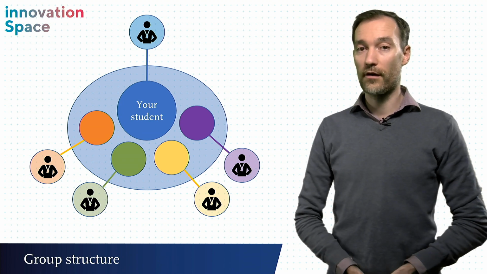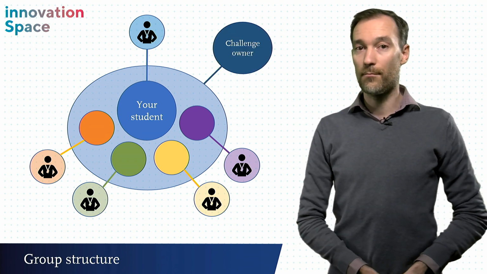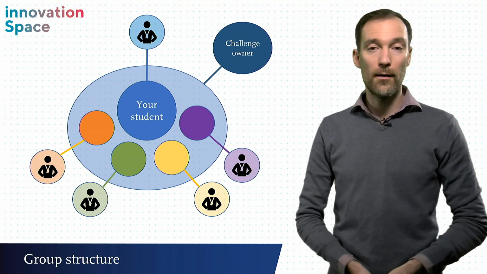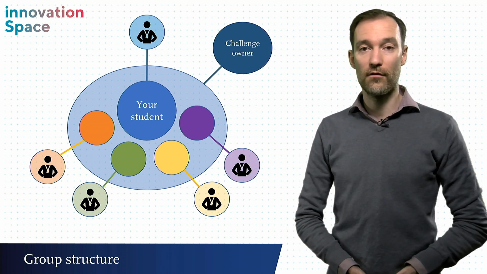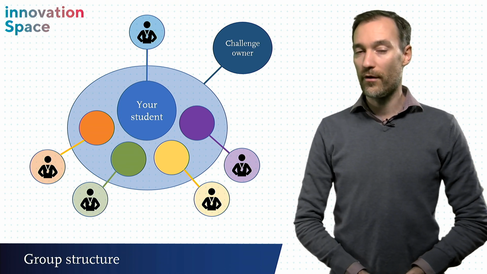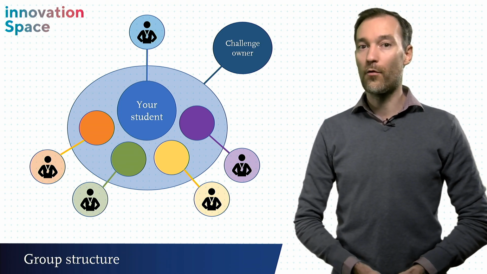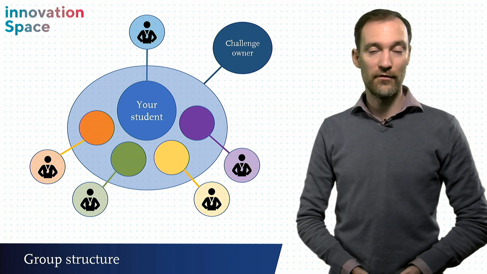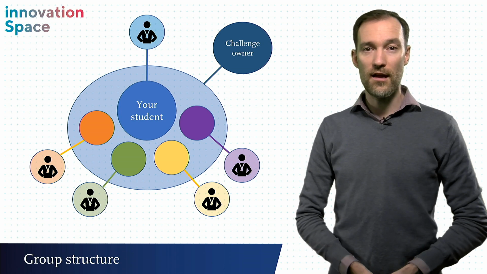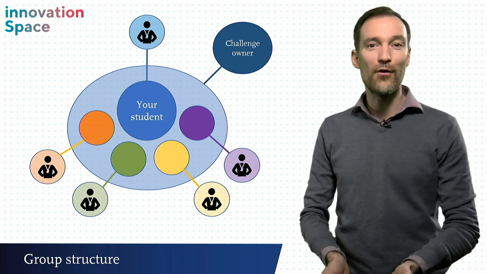Now students are working on a project that is brought in by what we call a challenge owner. This can be an external party, a company, an organization, or an internal research group that asks an open-ended question that can only be answered by combining the knowledge from different disciplines. Now it's important to know that the challenge owner is not the boss to this team, right?